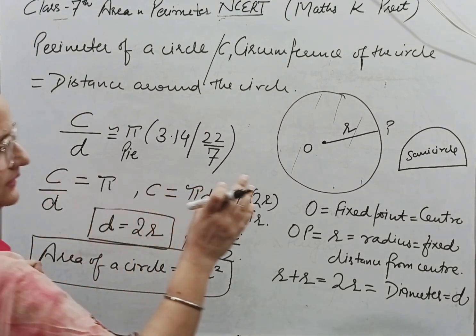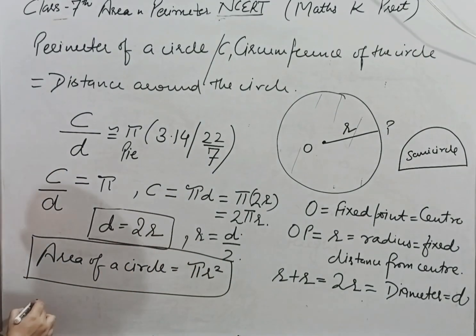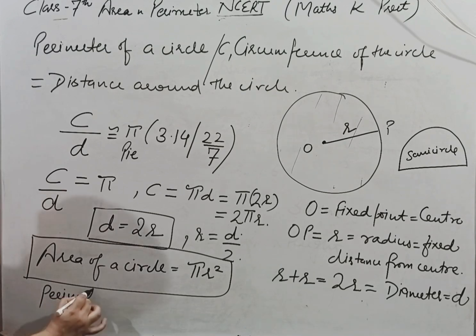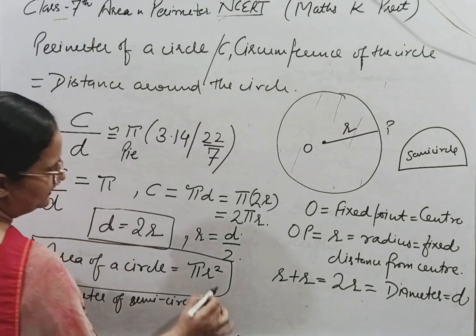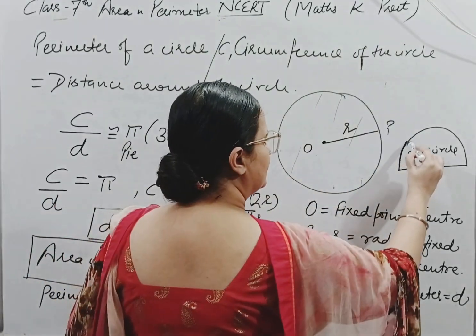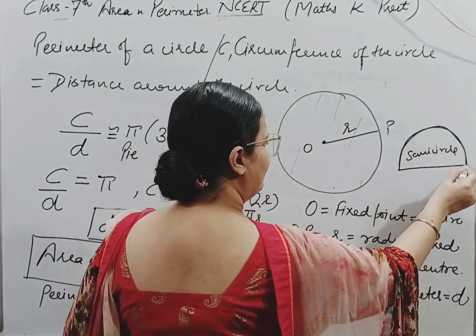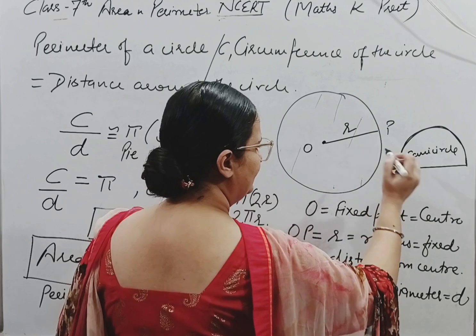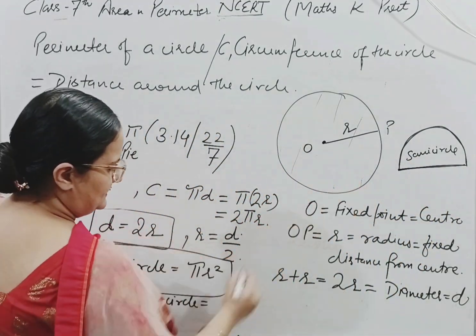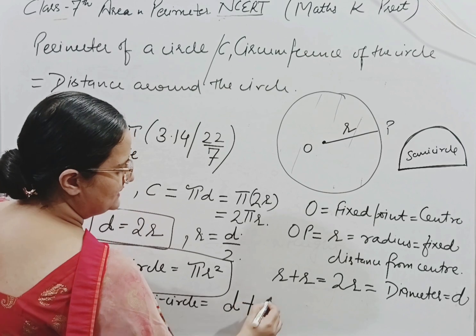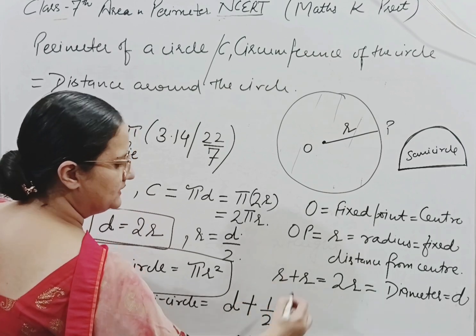So to write the formula for the perimeter of a semicircle: this semicircle includes this much length of the circle, which is half of the length of the complete circle, and this diameter. So I can write this diameter d, plus half of the perimeter of the complete circle.